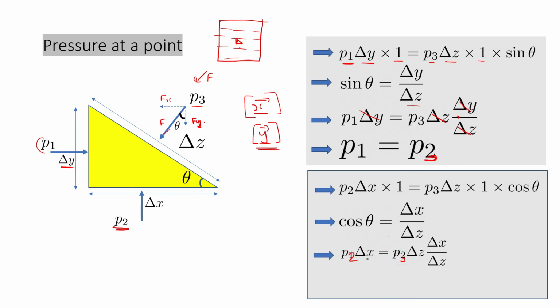So P2 into delta x will be equal to P3 into delta z into delta x by delta z. Delta z will be cancelled off and delta x will be cancelled off. That means you will get P2 is equal to P3. So that is how you prove that P1 is equal to P2 is equal to P3. That means pressure will be equal in all directions.